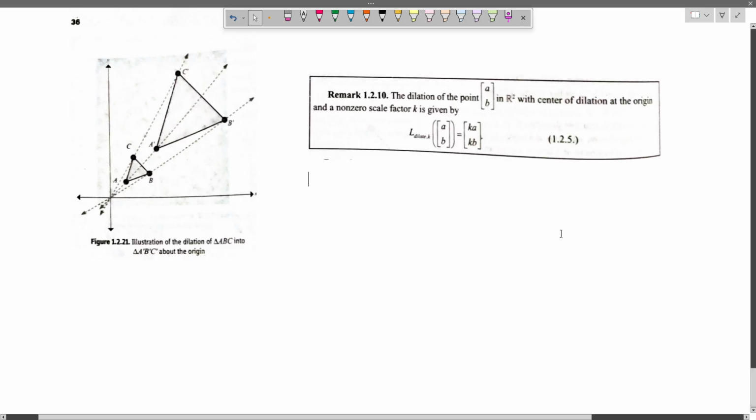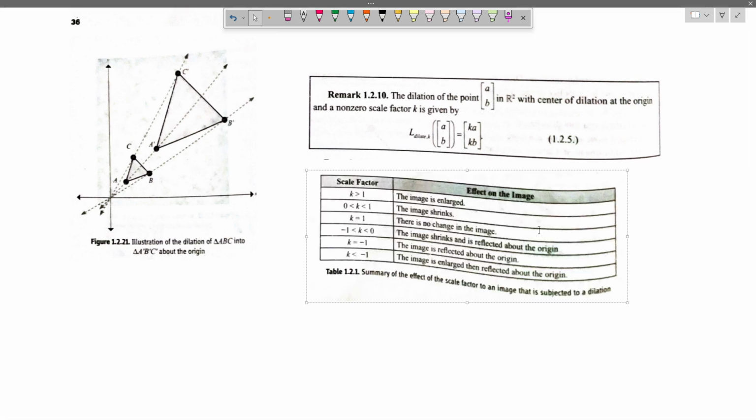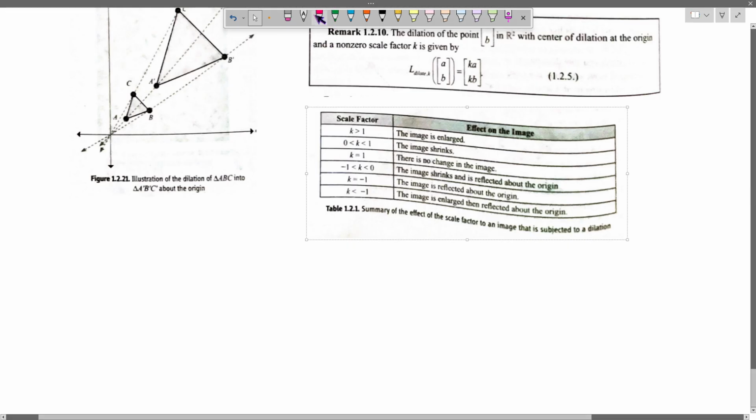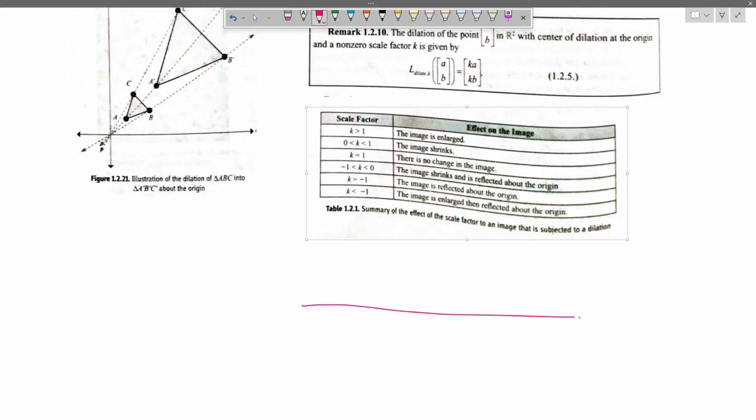Even without solving the values yet, you should already have an idea of what the image would look like based on the scale factor. So maybe we can put it in a number line. Maybe that will help us. Again, we are not allowed to have zero as a scale factor.